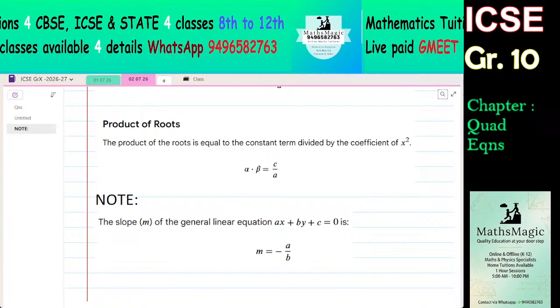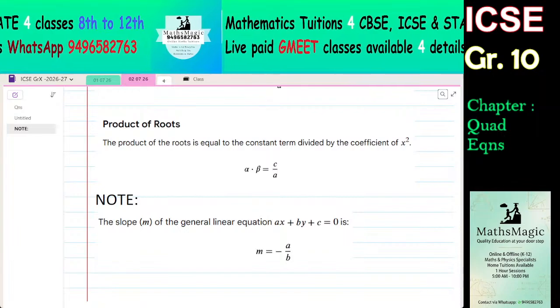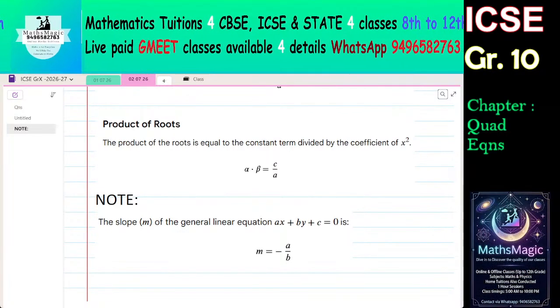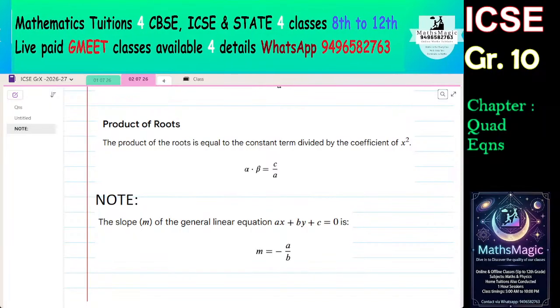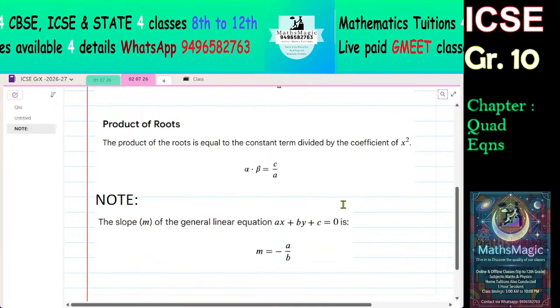Now you have it. You can solve using that method as well. Try to solve it.